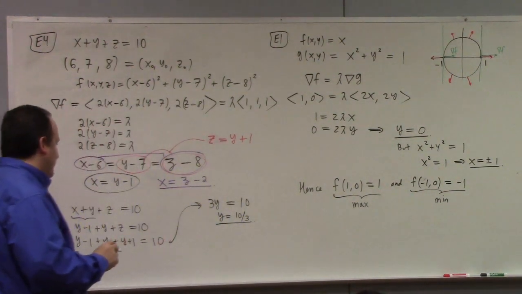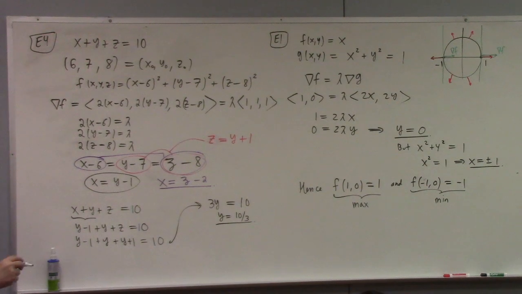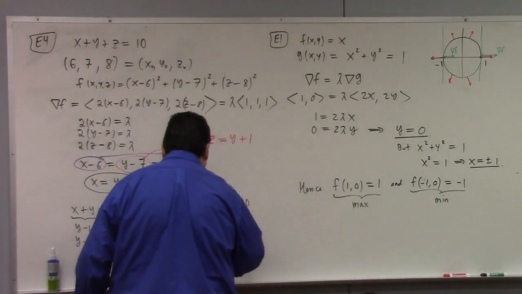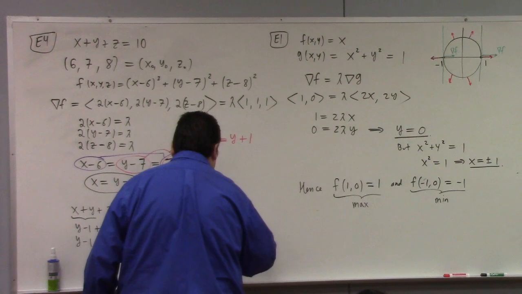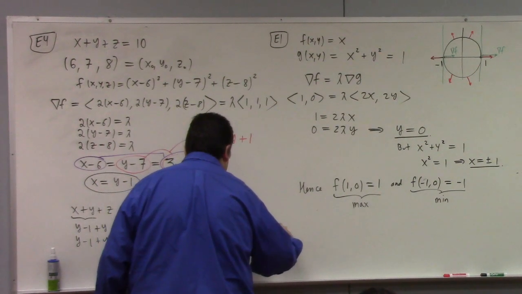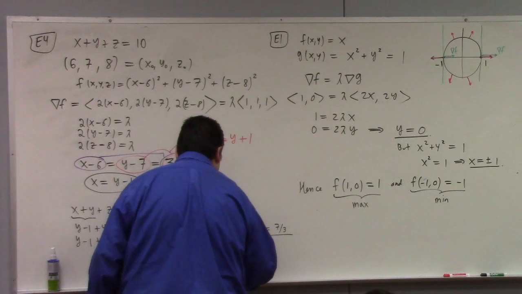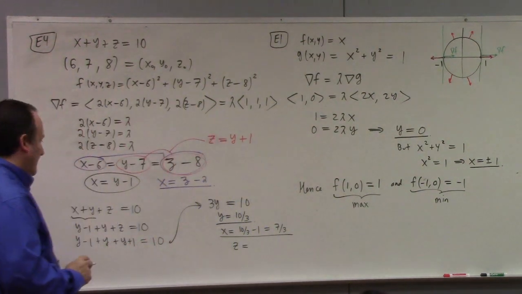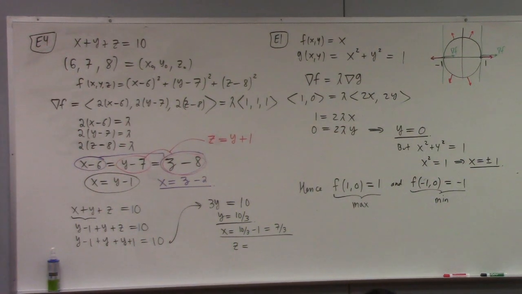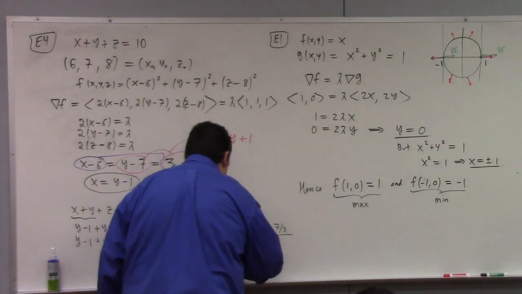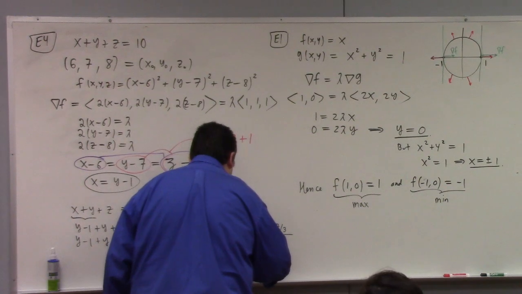Once you've got one, the rest fall. x equals what then? 10 thirds minus 1, right? Also known as 7 thirds. And z is what? 13 thirds. How did you get that? Oh, y plus 1. Okay, so 7 thirds plus 1.